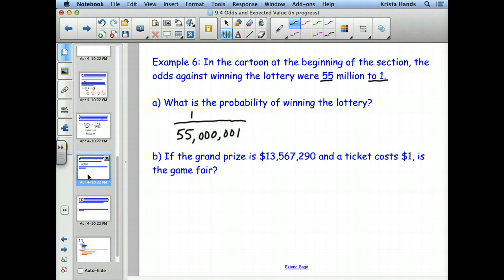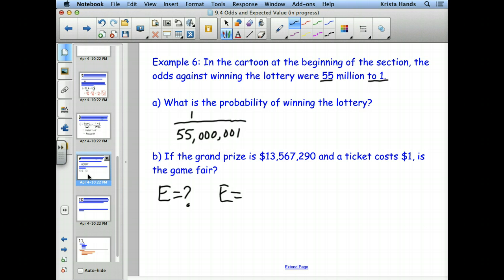That means you're equally likely to lose as to win in terms of how much you paid to play. You're relating it to how much gain or loss you have when you play the game. So we're looking to see whether or not the expected value equals 0. To find out, we need to figure out what the expected value is. Make sense?